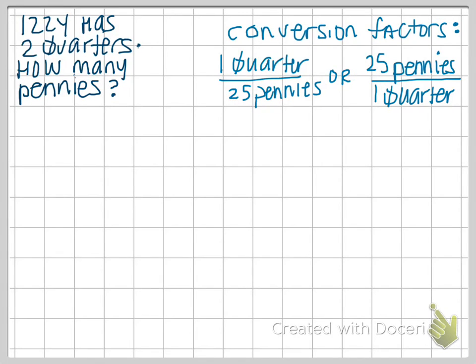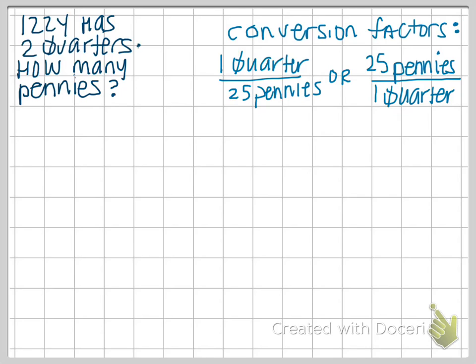So I've rewritten the problem in the top left-hand corner, and you can see that Izzy has 2 quarters, how many pennies, and I've written our 2 conversion factors in the top right-hand corner, and we know both of these conversion factors are equal to 1.